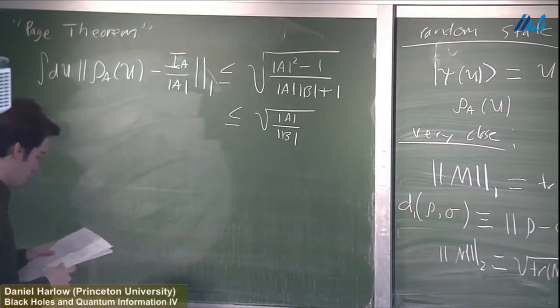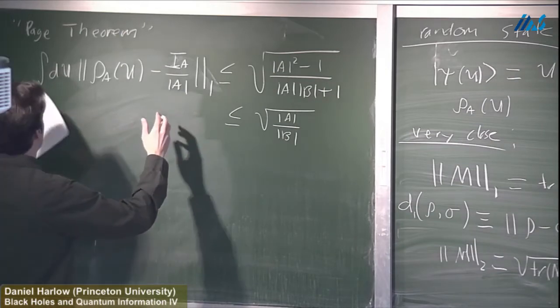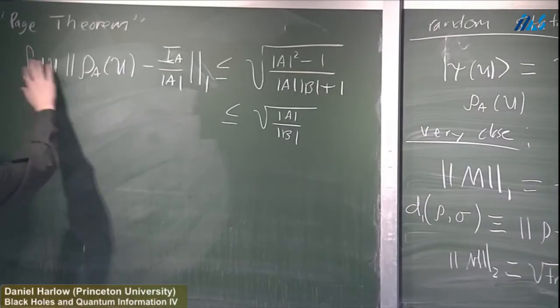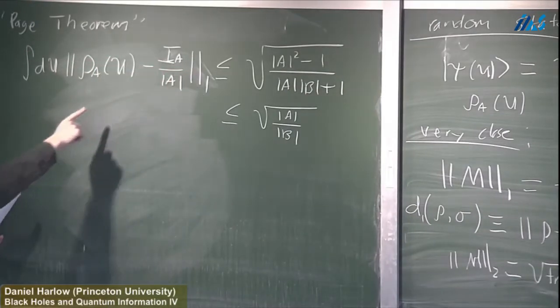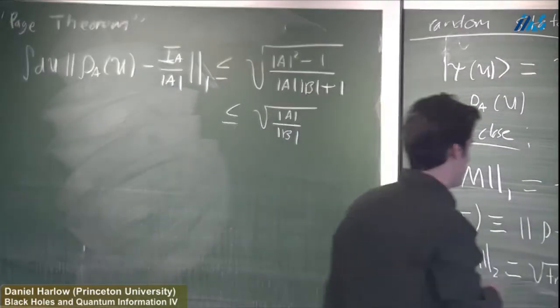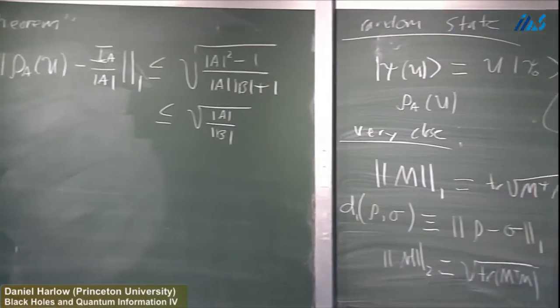The proof of this I'll just say in words. You first square both sides. You move the square inside using Jensen's inequality, which you can look up if you don't know it. Then you use this inequality to turn the 1 norm into a 2 norm squared.